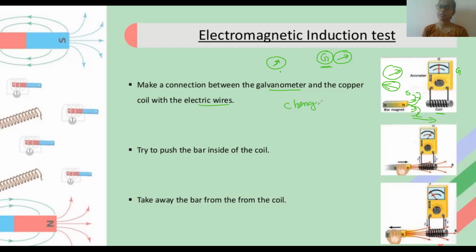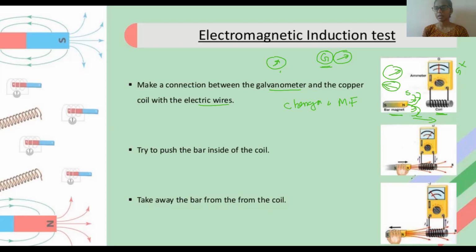When you move the magnet, what are we changing, children? We are changing the magnetic field. When you change the magnetic field, the deflection is shown in the galvanometer, right? And when you fix the magnet and fix the coil also, there is no deflection. It will stay at the middle only.